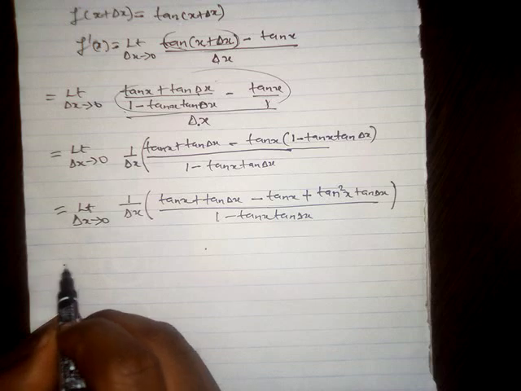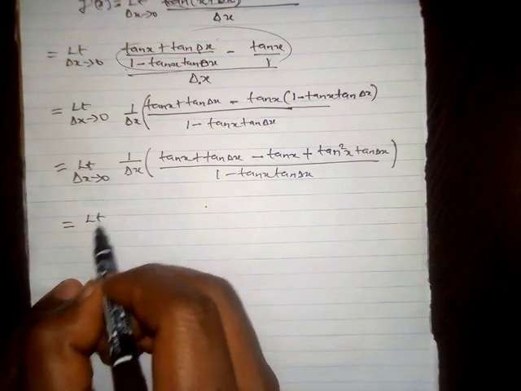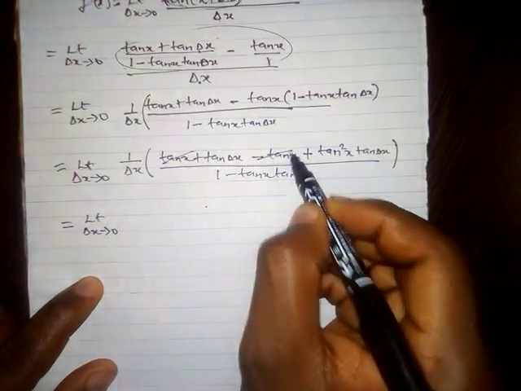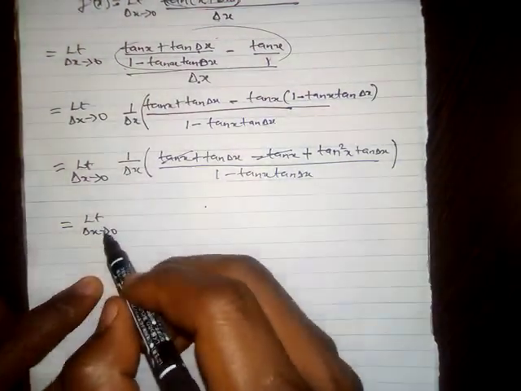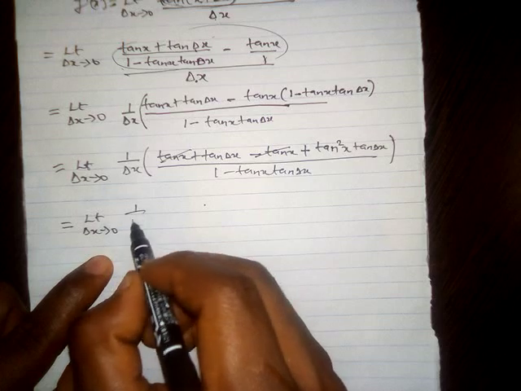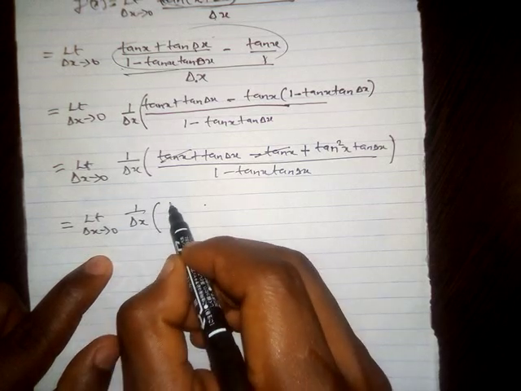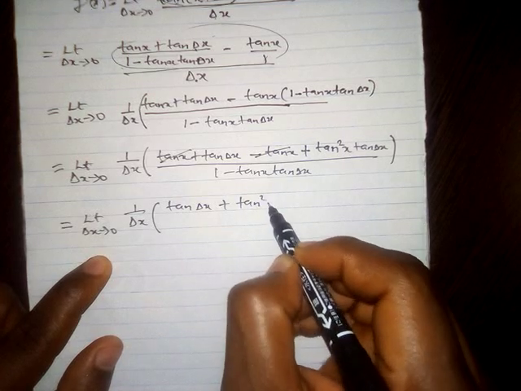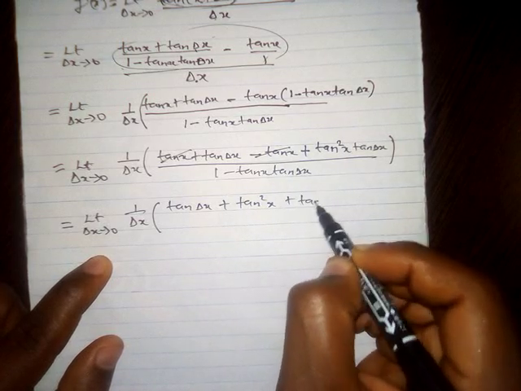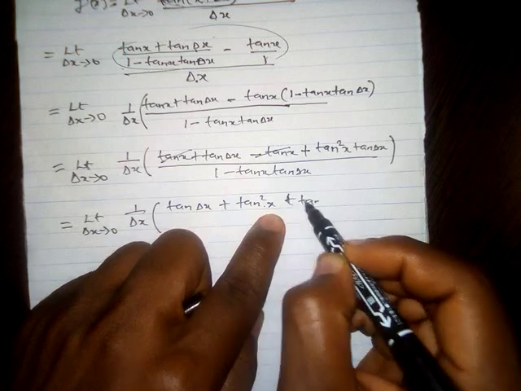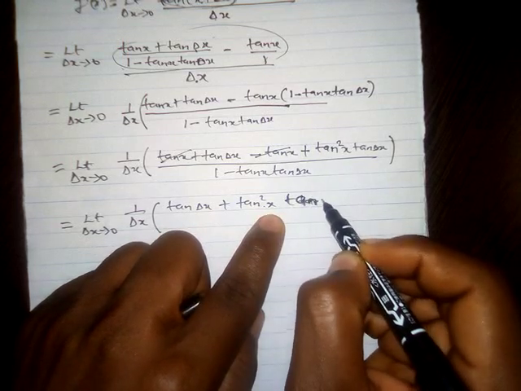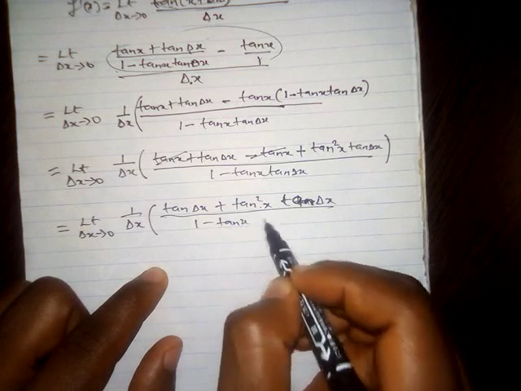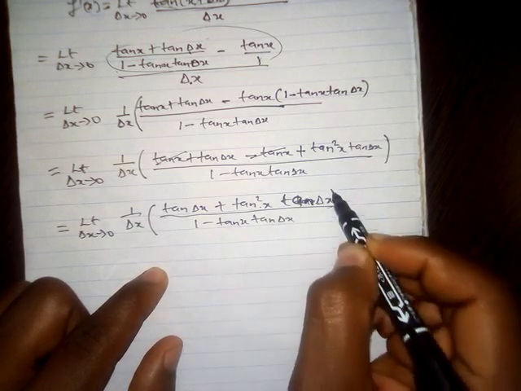Now this is equal to the limit as change in x approaches 0. Now we have here tan x and we have here minus tan x. If you bring them together, it's 0. So we have this as 1 over change in x times tan change in x plus tan square x tan change in x all over 1 minus tan x tan change in x.